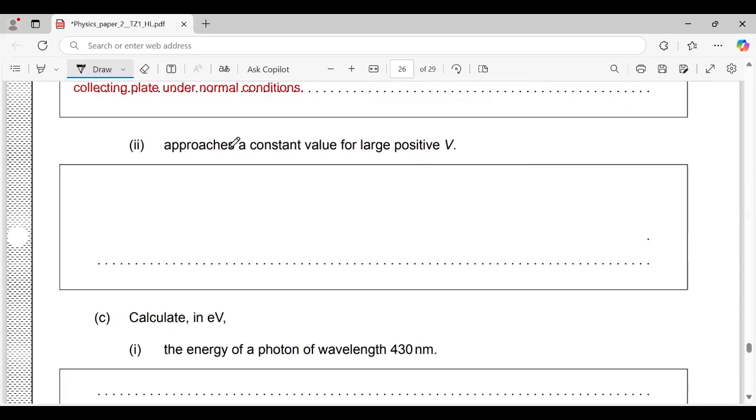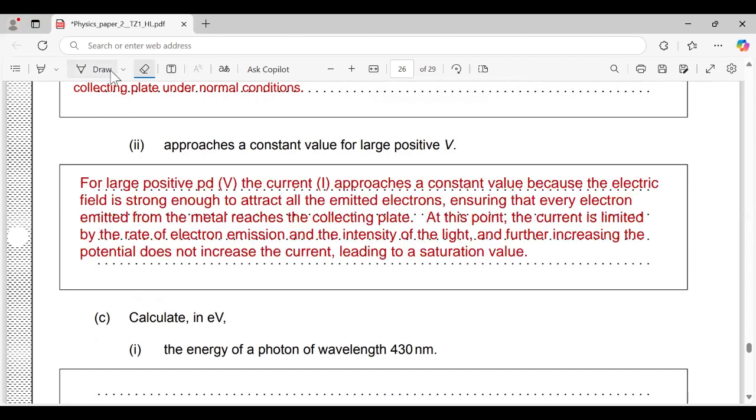Next, I approaches a constant value for large positive phi. I have provided my explanation about this too. For large positive potential difference phi, the current approaches a constant value because the electric field is strong enough to attract all the emitted electrons, ensuring that every electron emitted from the metal reaches the collecting plate.